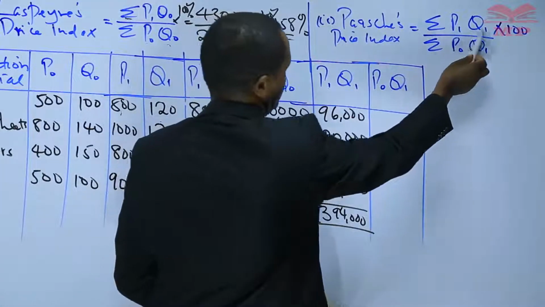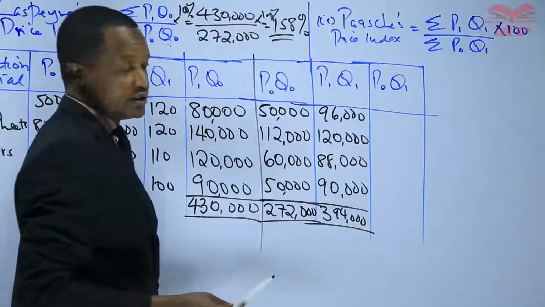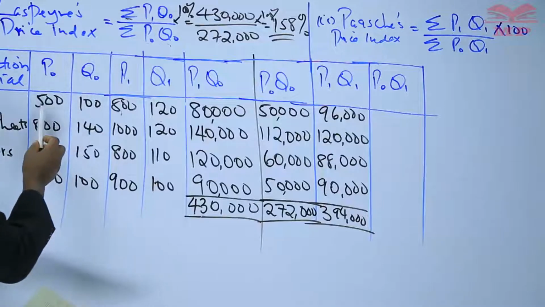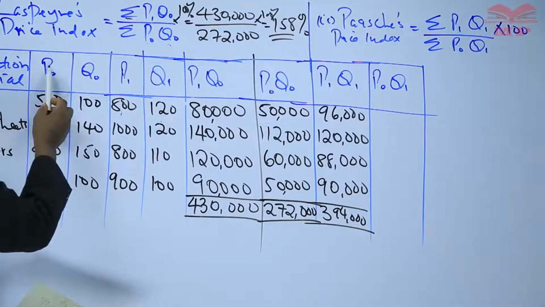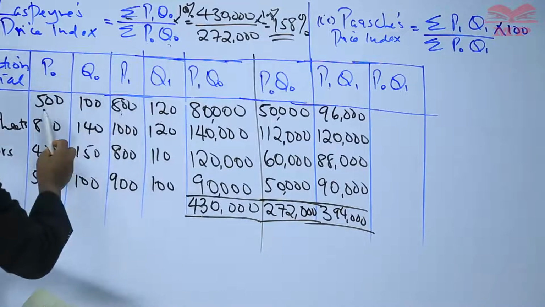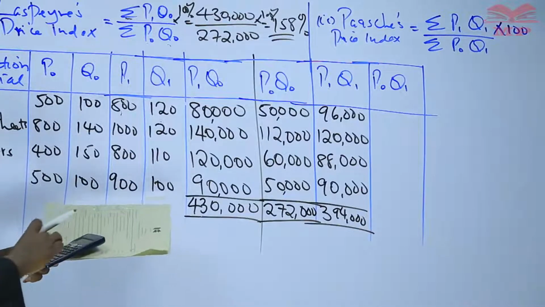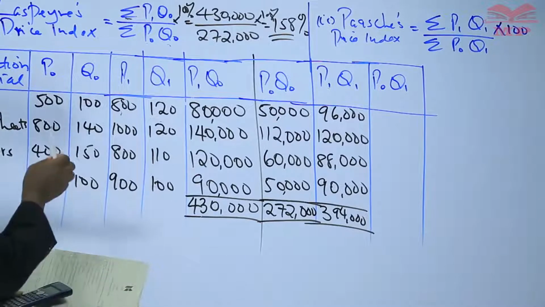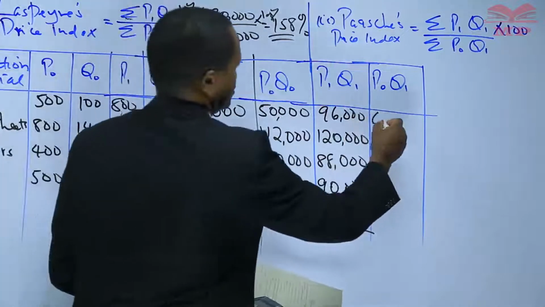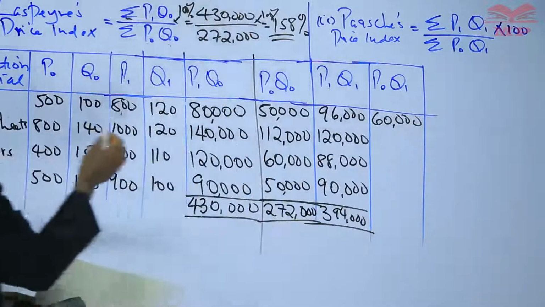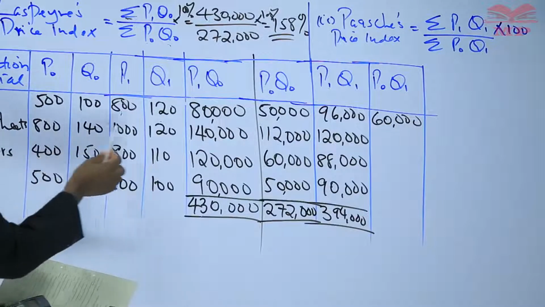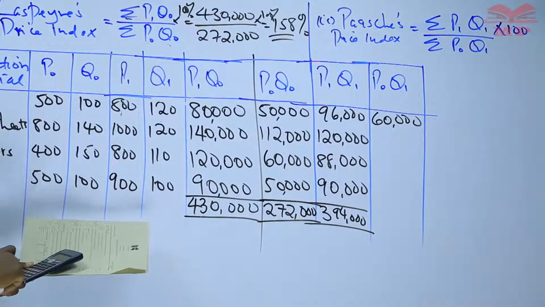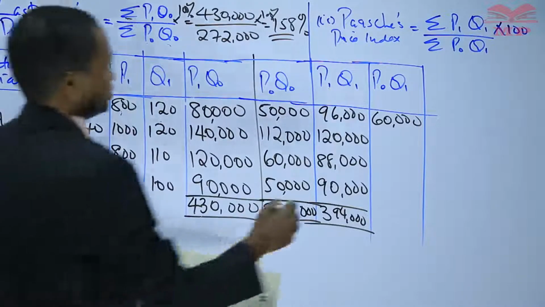Then we will calculate the product of P naught Q1. 500 times 12 is 60,000. 800 times 120 is 96,000.